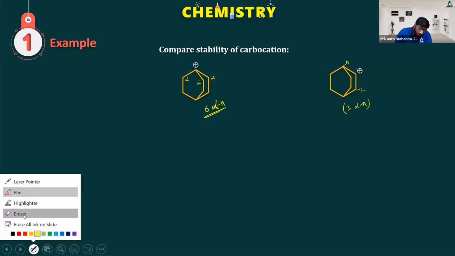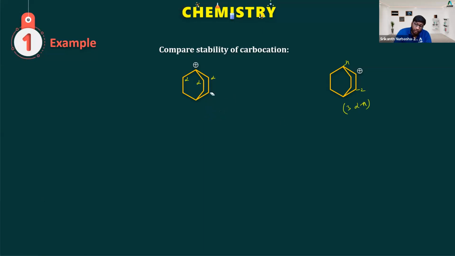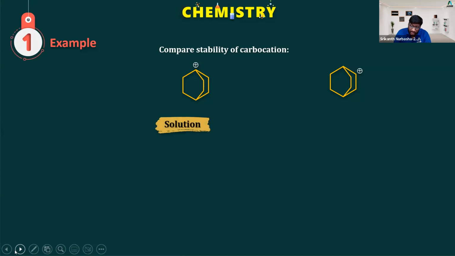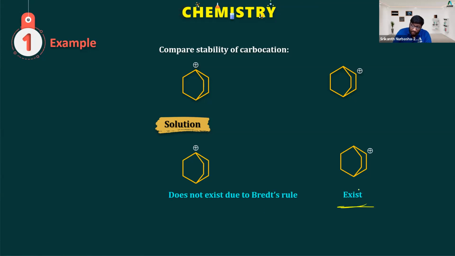If you don't know Bredt's rule, you will simply say A is more stable because of more hyperconjugative structures. But in reality, you can never achieve planarity at the bridgehead center. So A violates Bredt's rule, but B does not violate Bredt's rule. So compound B will exist. Carbocation A will not exist due to Bredt's rule. Got it now?